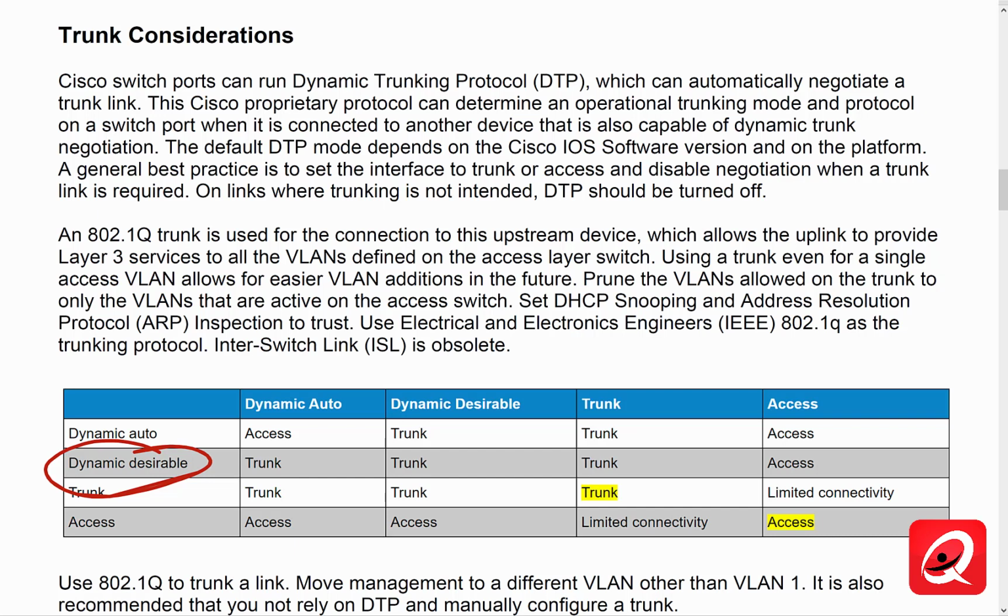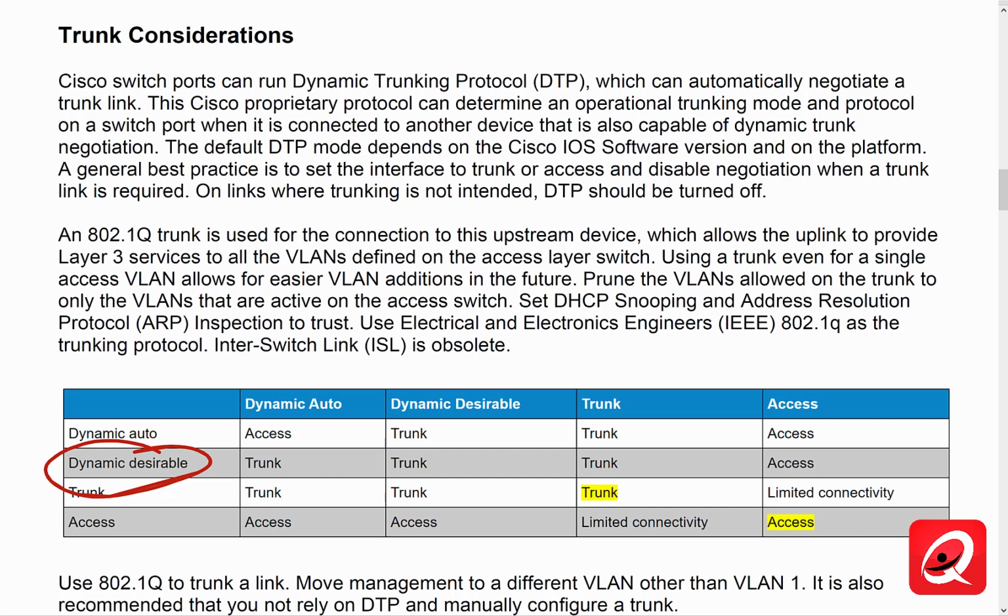Now, traditionally, in our environment, the switches that would operate in auto mode would be your typical access layer switches, switches at the edge of your network, maybe a lower class of switch, a little bit less robust, a little bit less expensive. And then your data center type switches would be the switches operating in dynamic desirable mode.